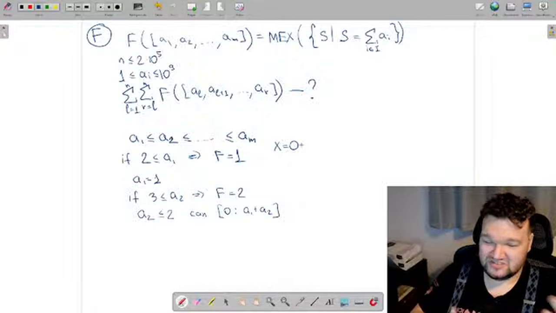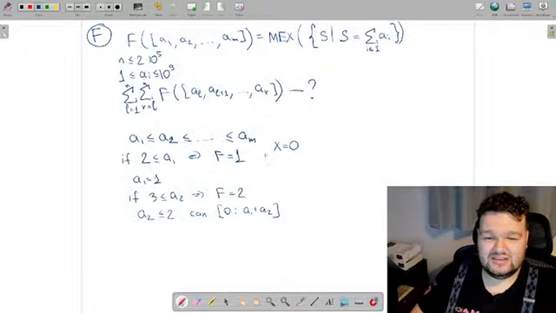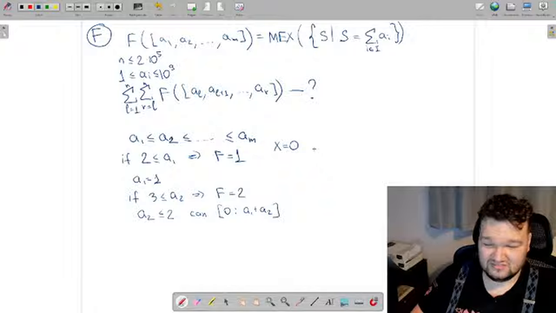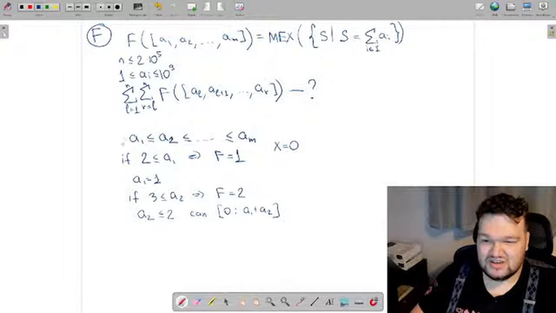We can represent 0. We cannot represent anything else, we don't have elements yet. If the element is strictly greater than X plus 1, then X plus 1 is not representable, because with smaller elements we can only get up to X, and bigger elements are too big.